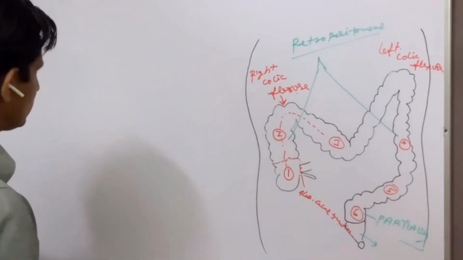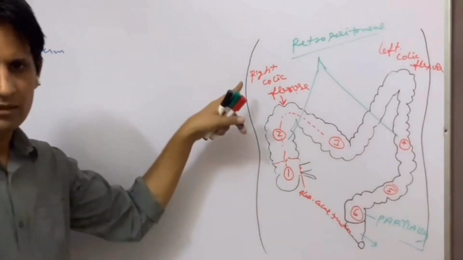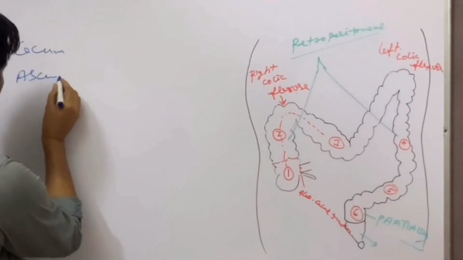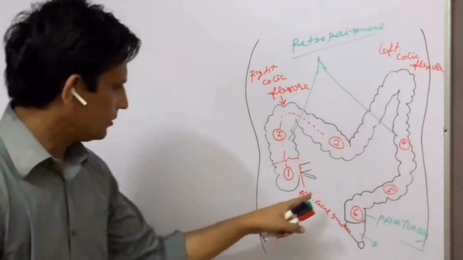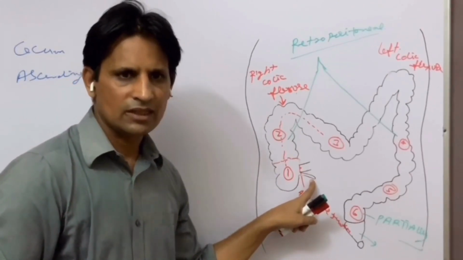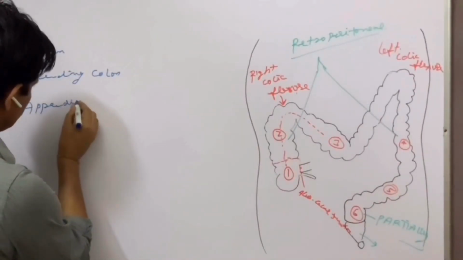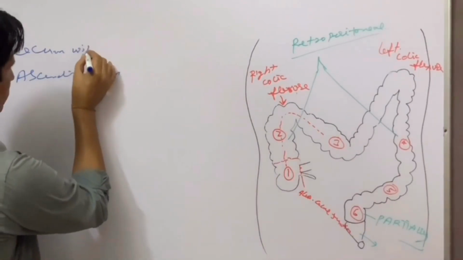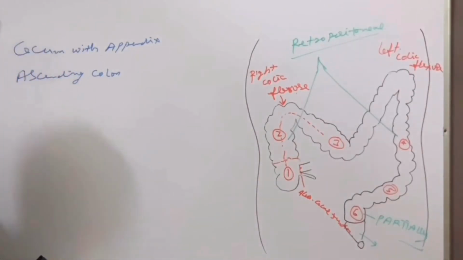One is the cecum, and of course a projection related to the cecum, the appendix. Cecum with appendix is the first part.